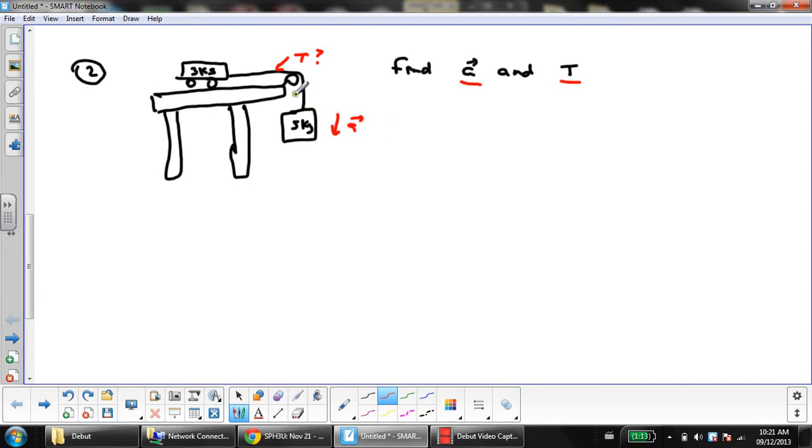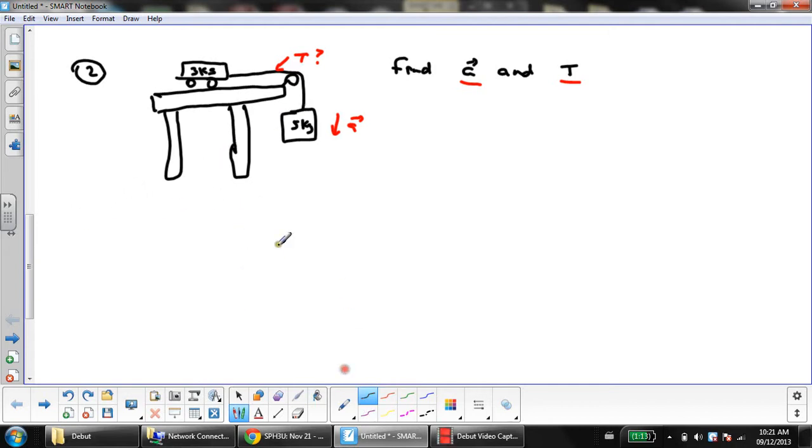Since there's a rope attached to both, they will have the same a, and the tension is the same throughout this rope. There are no slack gaps or parts laying down. The tension is tight all the way through, so T and a are constant through the whole problem.